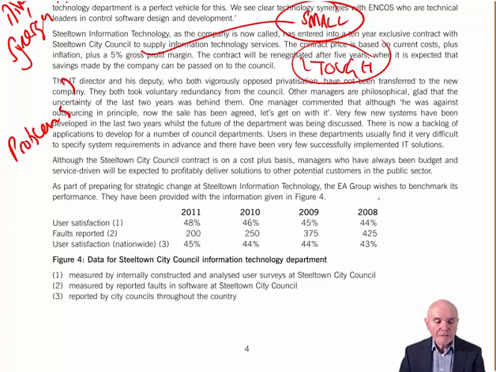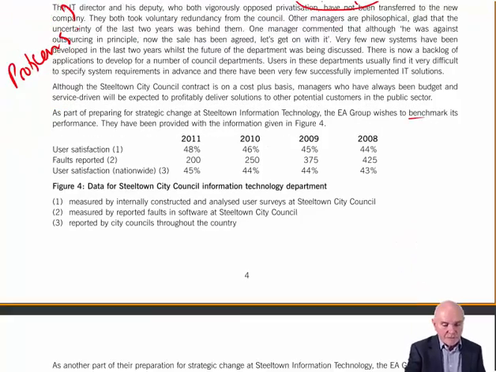Although the Steeltown City Council contract is on a cost plus basis, managers who have always been budget and service orientated will be expected to profitably deliver solutions to other potential customers in the public sector. As part of preparing for strategic change, the EA Group wishes to benchmark performance, and they have provided the following information. So, if we get back to kind of, I think that's most of what's there.